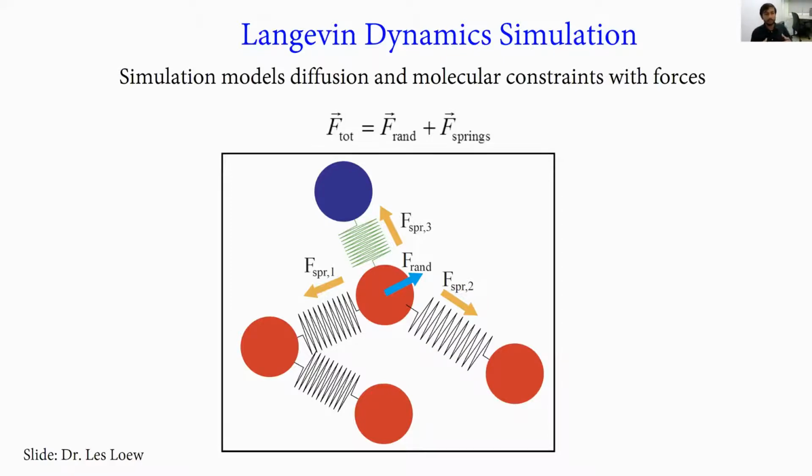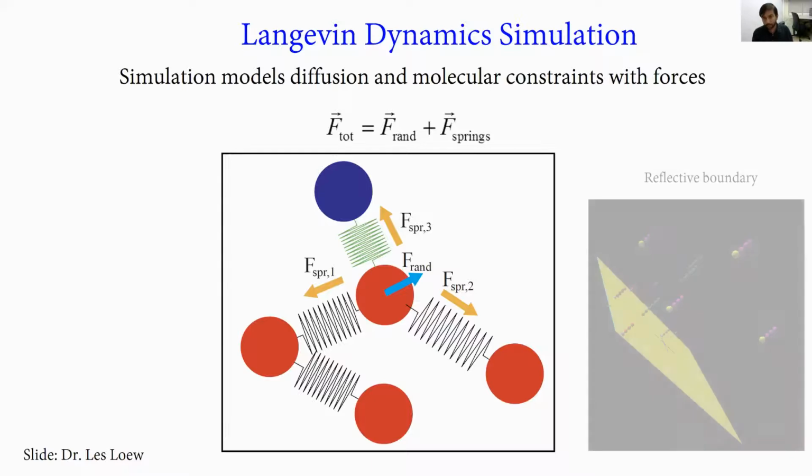So when one protein molecule is cross-linked with other protein molecules in a real system, you would expect a reduced diffusion, right? And that's how the software models that diffusion reduction inside the system.